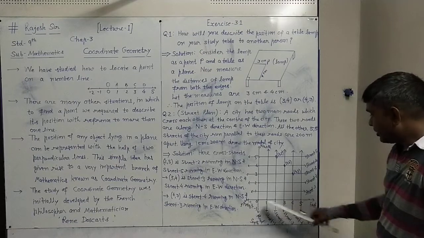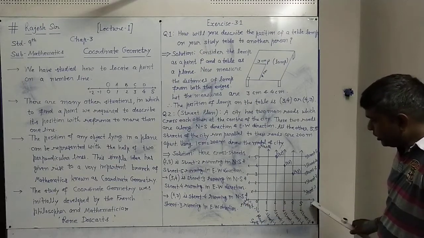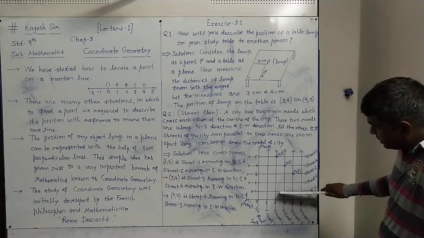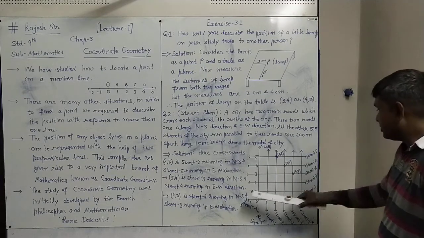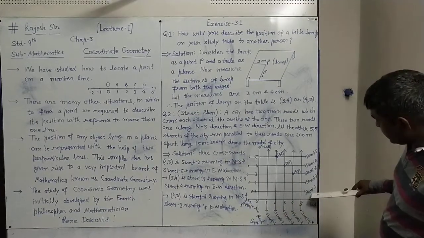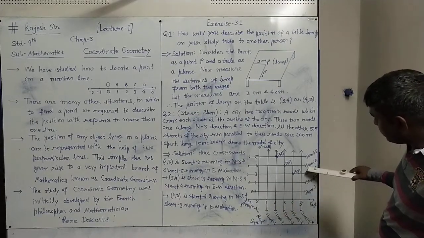So in the east-west direction the main road is there. With that, 5 streets are this way, parallel streets 1, 2, 3, 4, 5, parallel to the east-west road. So this is street 1, street 2, street 3, street 4, street 5.